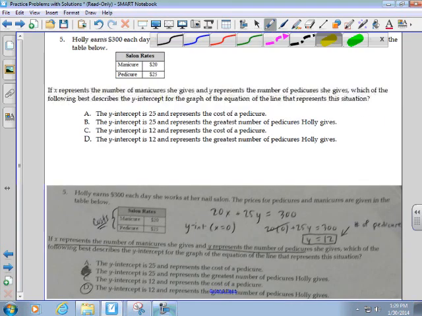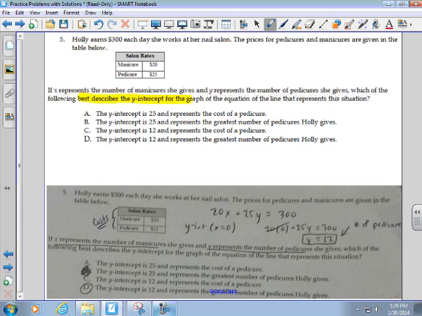Alright, this particular problem, again, scroll to the end in your mind. So it says best describes the y-intercept. So all we care about is the y-intercept of this particular equation. So right now there is no equation that's given, so you have to come up with some sort of creation. Now this is a very common type of problem when you have these 2 objects at different rates.